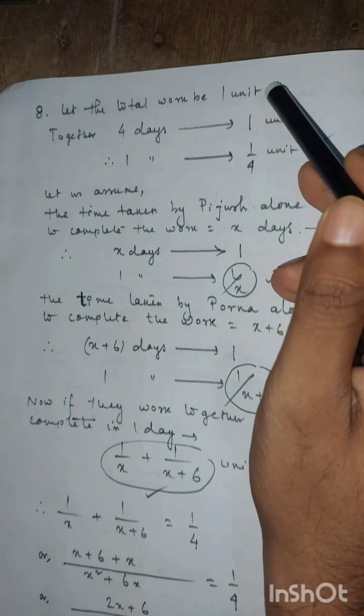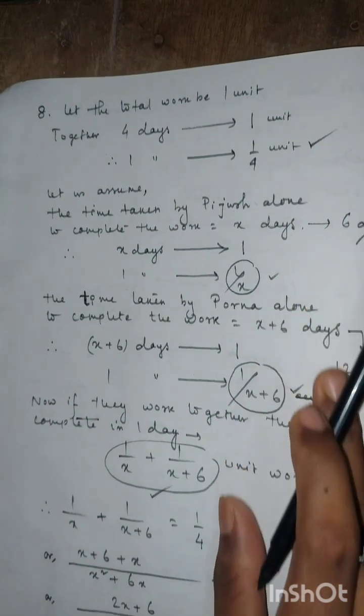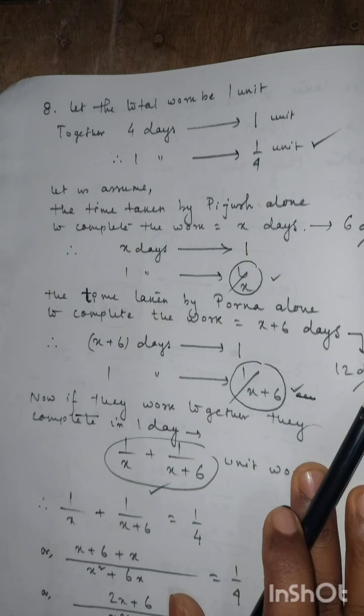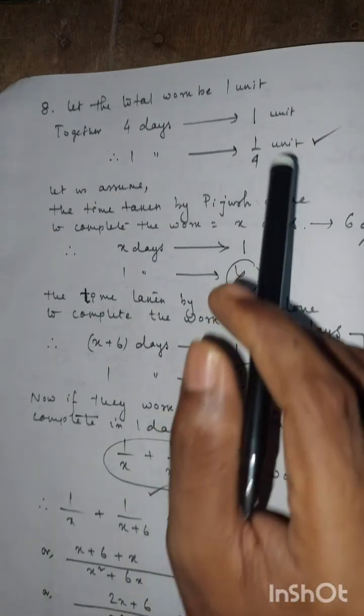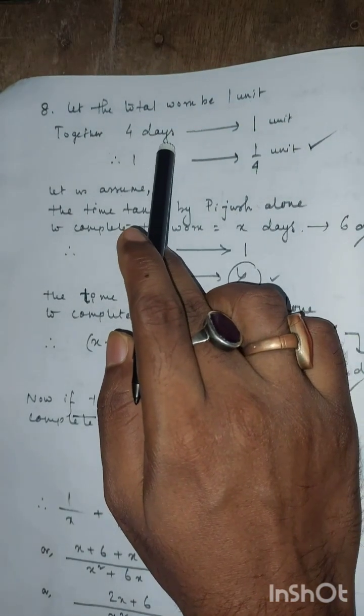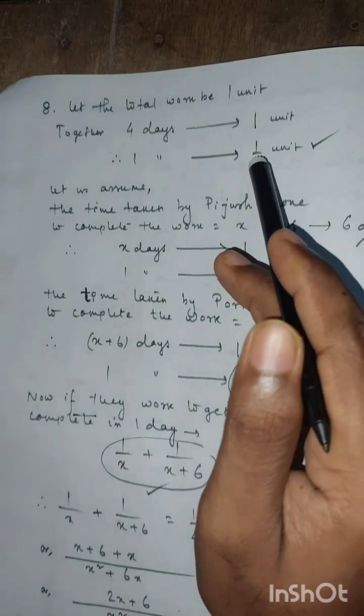So we assumed the total work as 1 unit. They together take 4 days to complete 1 unit. So in 1 day they will complete 1/4 unit.